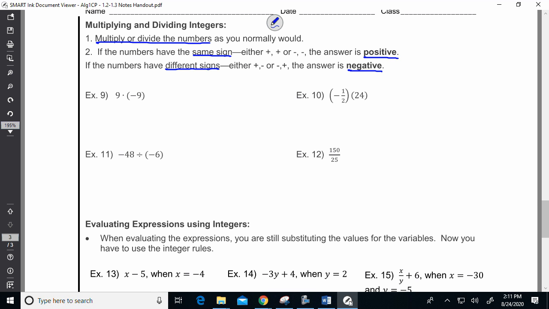So with example 9, you have a positive times a negative. So the answer is going to be negative. All you have to worry about doing is 9 times 9, which is 81. That's it. Problem's over.